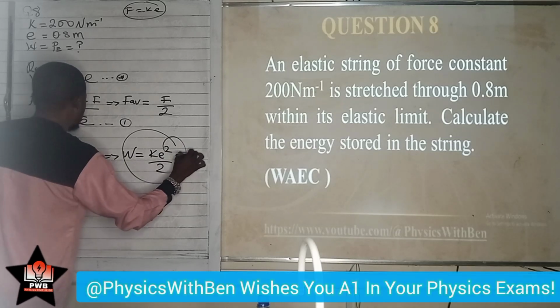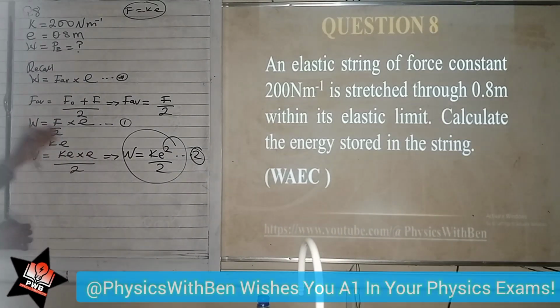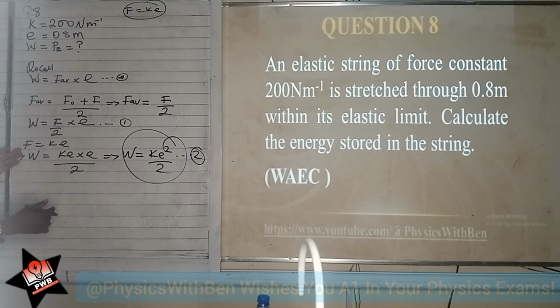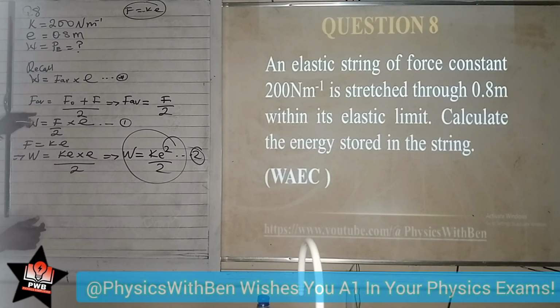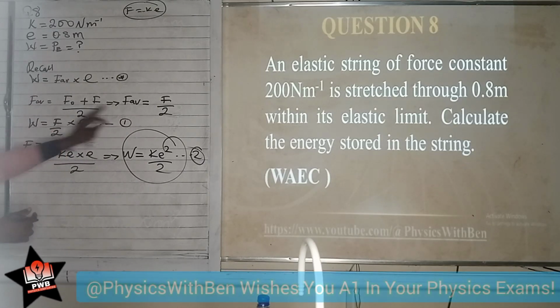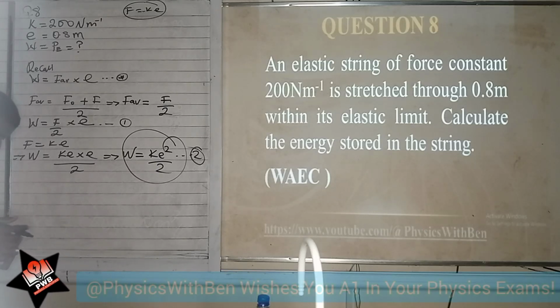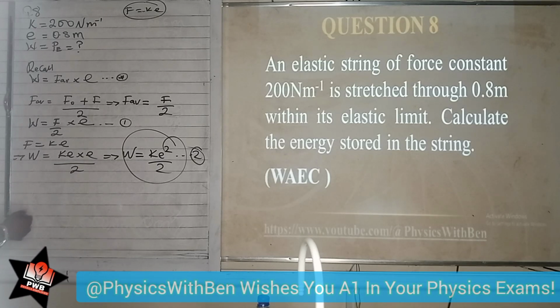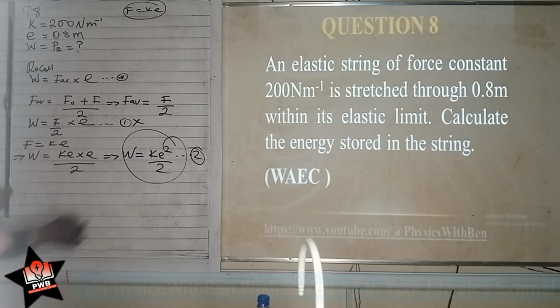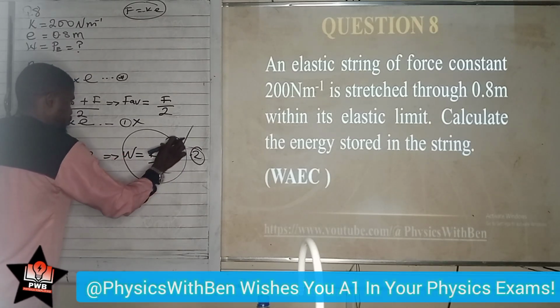Call this equation number 2. I wrote these two equations here deliberately because students will be confused. We don't need equation number 1, because the force is not given, and you cannot be finding two unknowns at the same time in the equation. So equation number 1 is out of the show. We are going to use equation number 2.